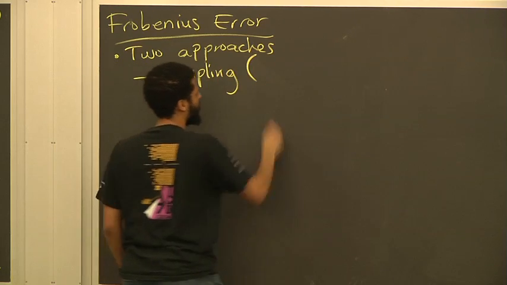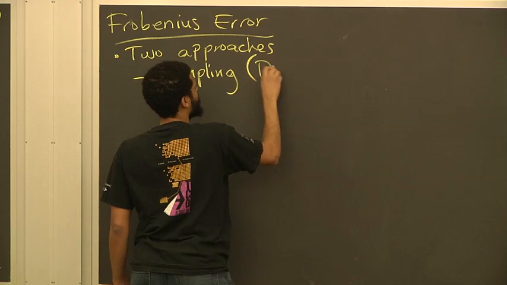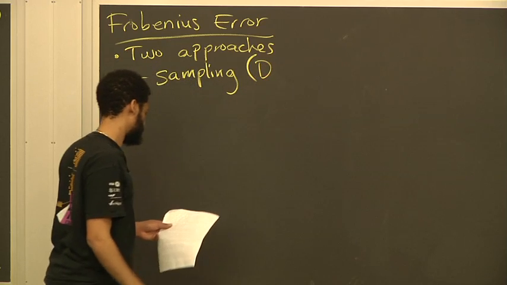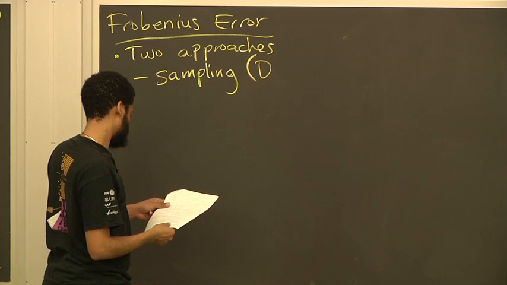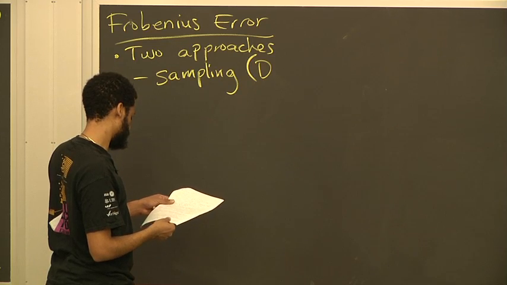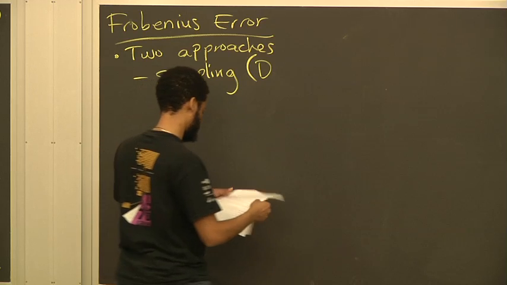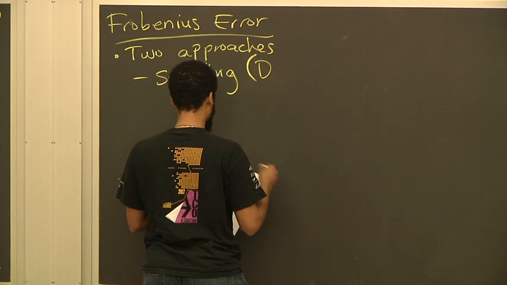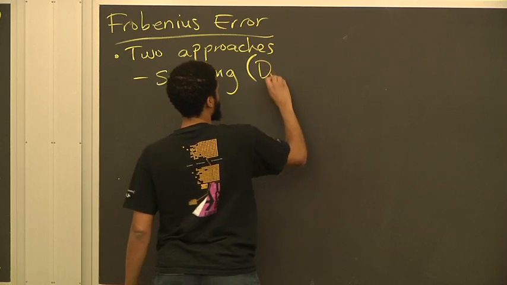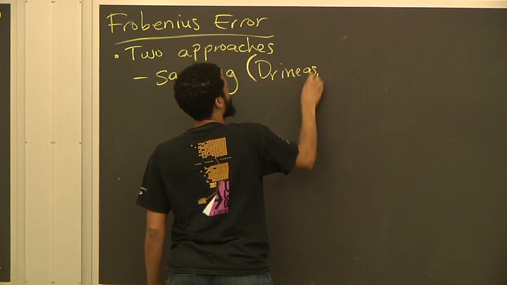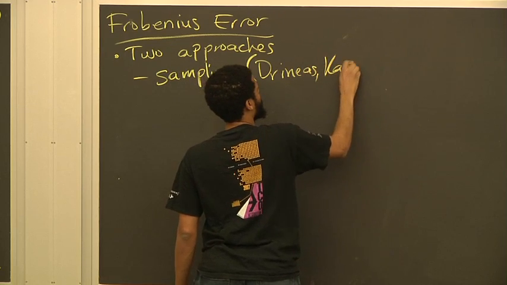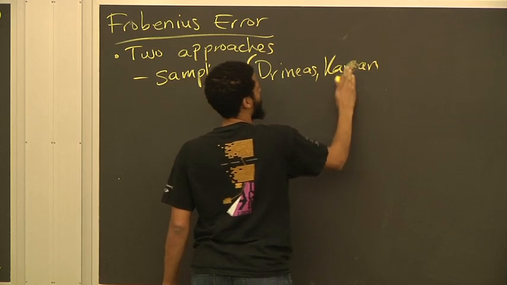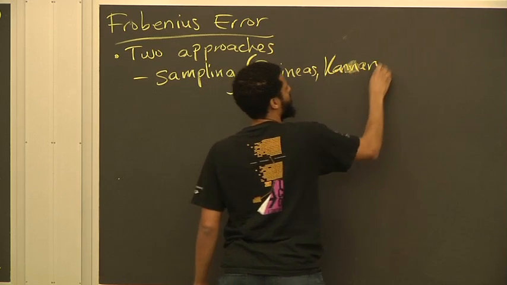This approach, as I'm going to describe it, is due to, let me make sure, I think it's Drineas, Mahoney, and Muthukrishnan. Oh, Drineas, Kannan, and Mahoney. So Drineas, Kannan, this is two N's, and Mahoney.